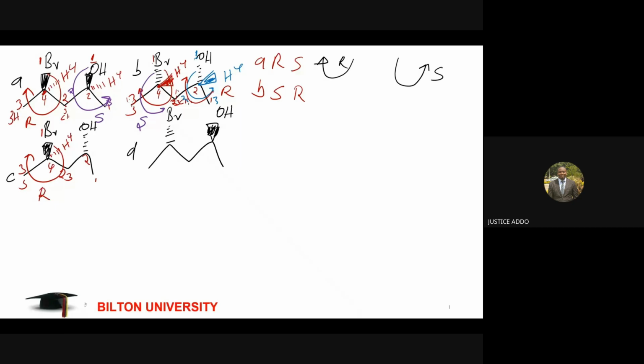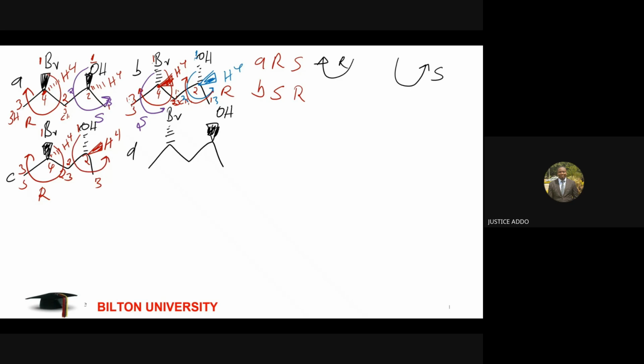But let's look at carbon number 2, which is our chiral carbon here. The hydroxyl group, or OH, is at the back, meaning that our hydrogen is going to be in front, and it is priority number 4. So this one is priority number 1, this one is priority number 2, and this is priority number 3. So we need to move 1, 2, 3, all right, in the S direction.